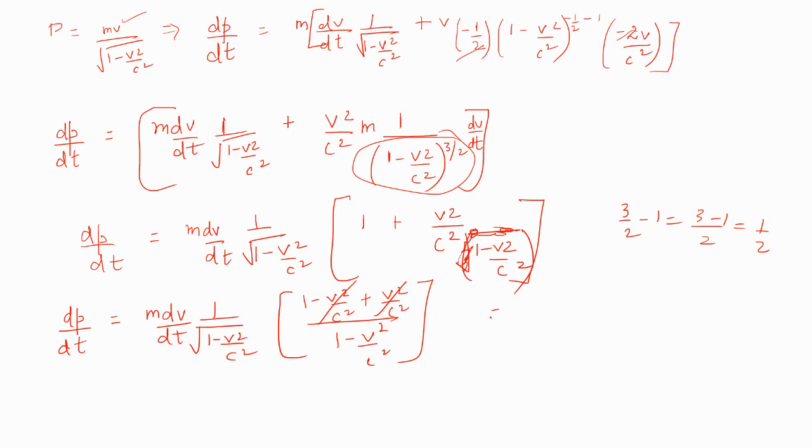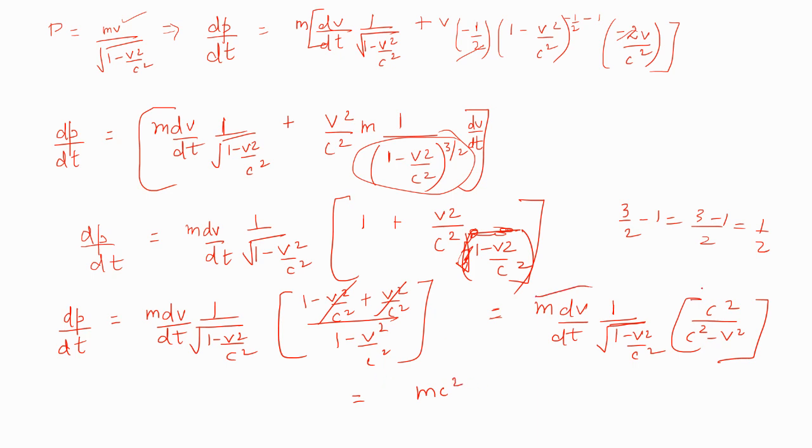And then what we will get? m dv by dt 1 upon under root 1 minus v square by c square. From here we will get c square will go there, c square minus v square, right? Then it will be m c square, m, c square minus v square.